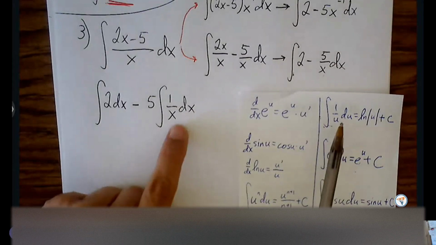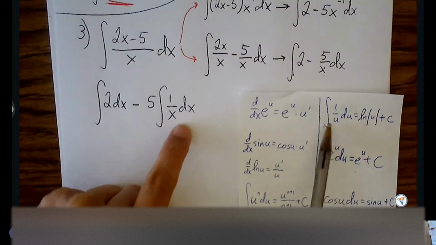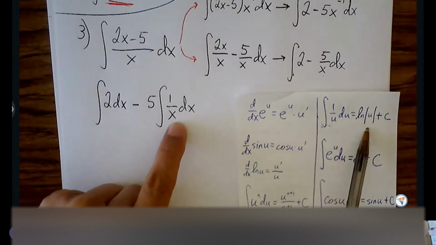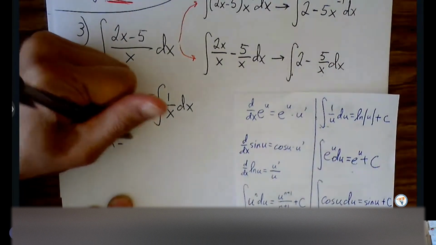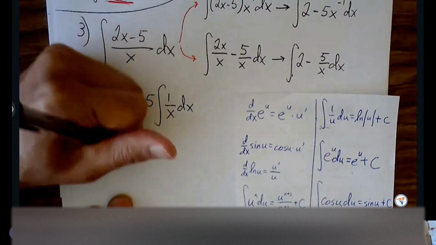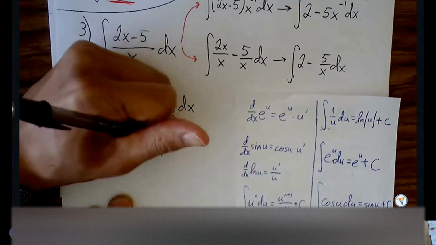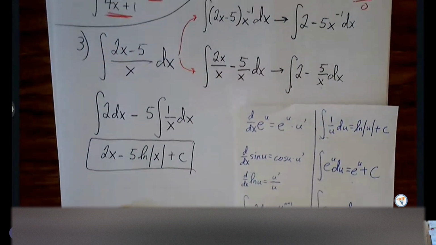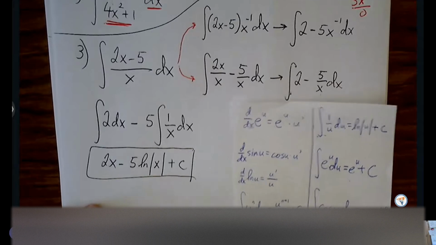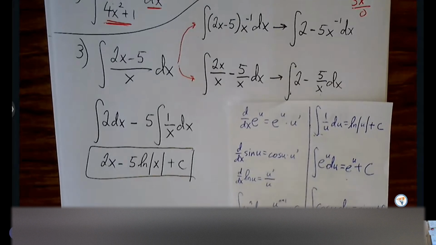And I guess you can do u-substitution, but really you're just changing one variable, which you can just jump directly to the answer without having to go through that. All right, any questions with 3?